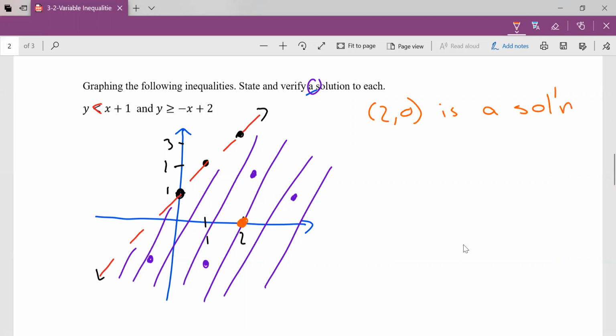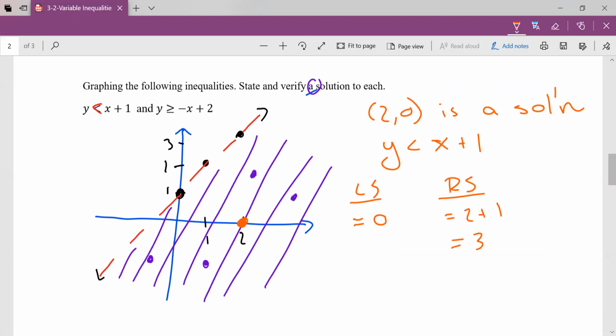Now, how do I verify that? Well, the same as how we verified before. Using our inequality, y is less than x plus 1, let's substitute this point in. On the left-hand side, I get 0. On the right-hand side, I substitute in and get 2 plus 1, which is 3.